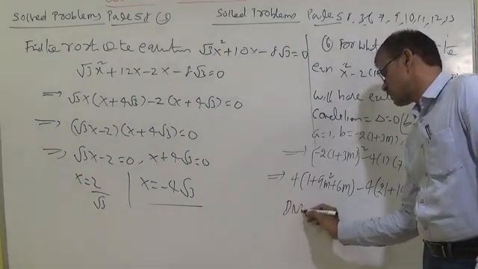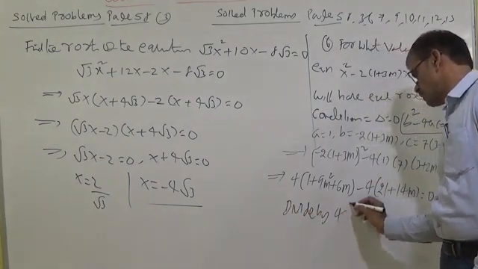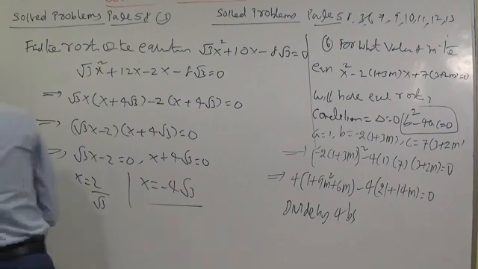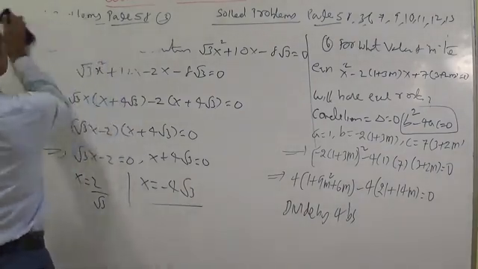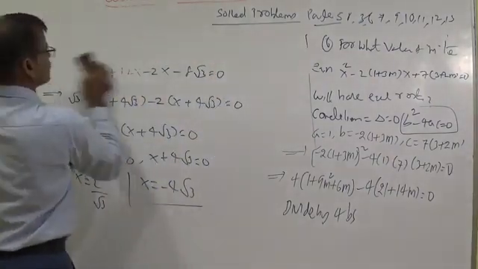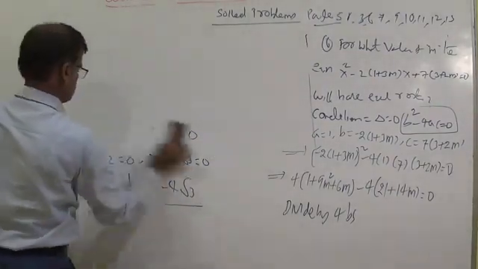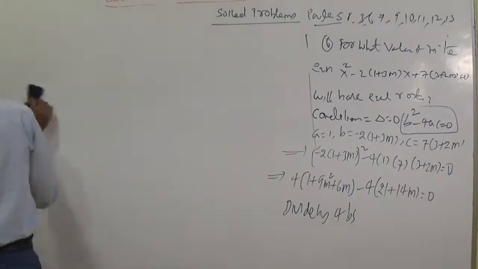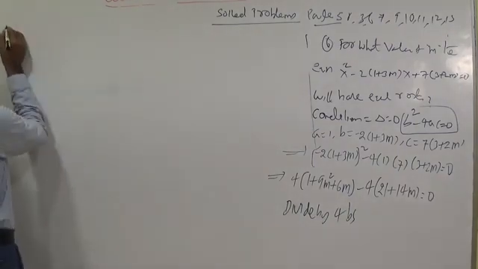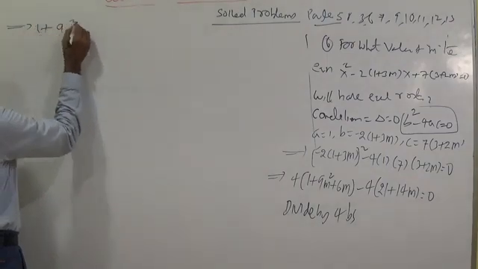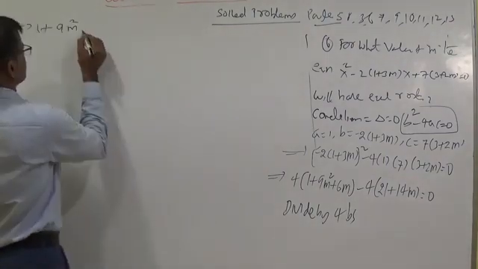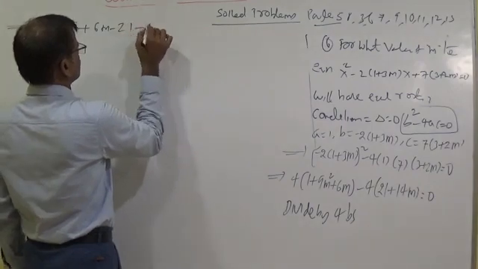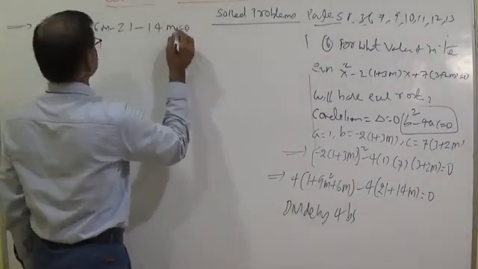Divide by 4 on both sides, you get 1 plus 9m square plus 6m minus 21 minus 14m equal to 0.